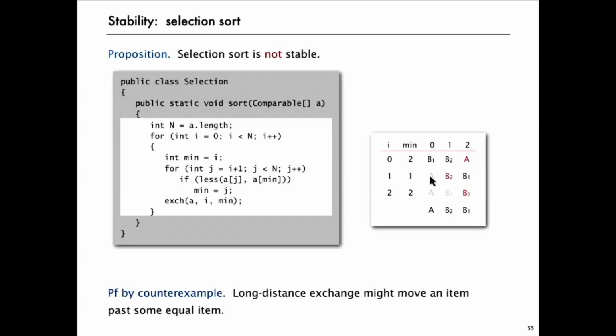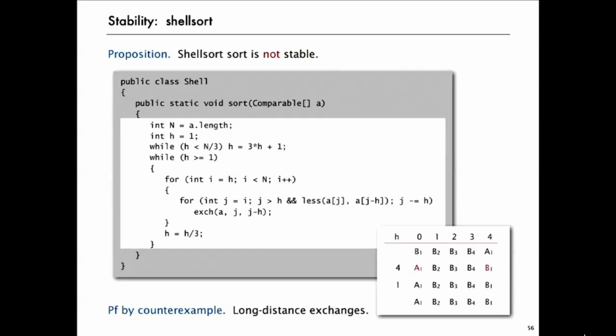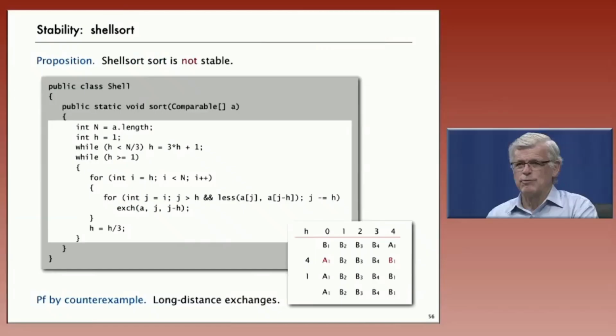And that catapulted that first item past any item that it might be equal to, putting them out of order. And that may not get fixed, so that sort is not stable. It might move items past some equal item and leave a result where items that are equal are in a different order than they were originally in the file. Selection sort is not stable. Shell sort also has long distance exchanges, so it's not stable. It moves keys past other keys that could be equal. And so it's easy to construct examples showing that selection sort is not stable.